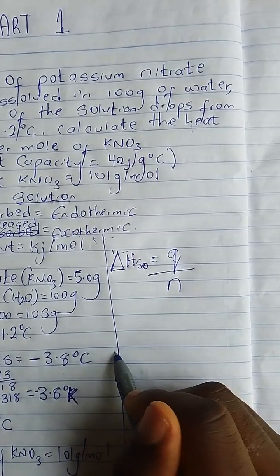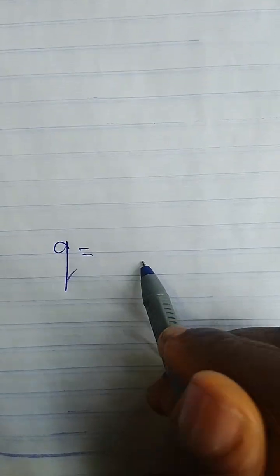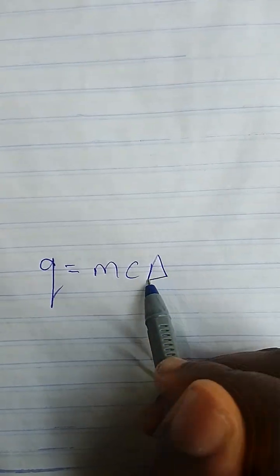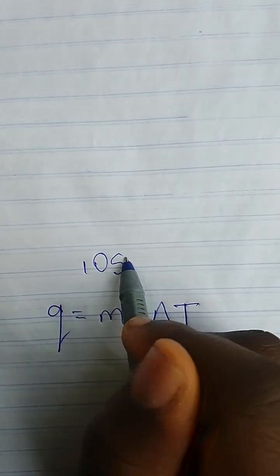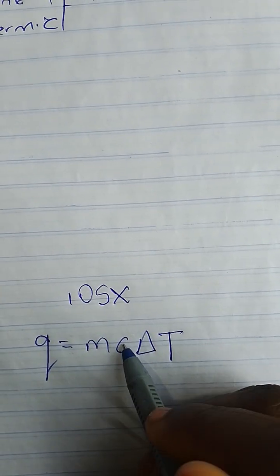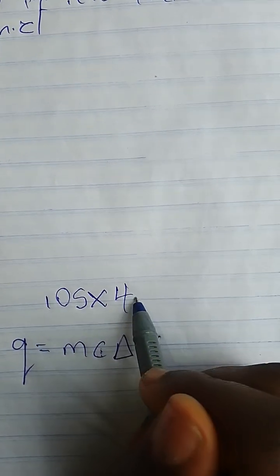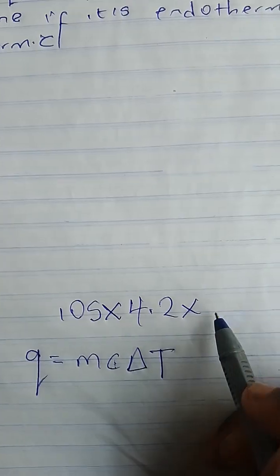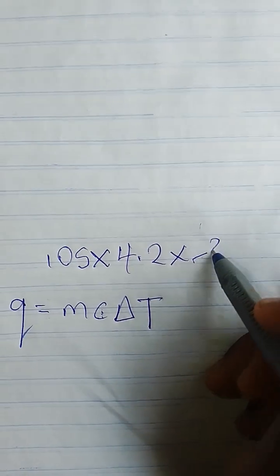Let's leave this side for the solving, and let's move to this side. Now, Q is mc change in theta. Our mass was 105, times the specific heat capacity, which is 4.2, and the change in temperature is minus 3.8.